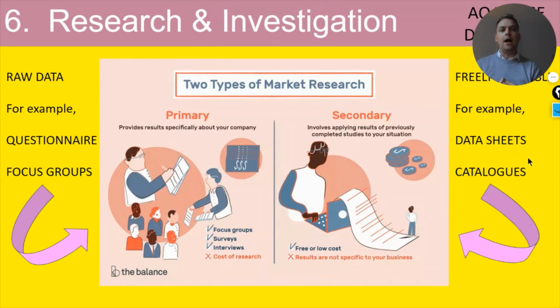It's free. It tends to be low cost, but the results are not specific to your industry or your product. They will be more general. So combining primary and secondary data is going to give you the richest market research that you could make.